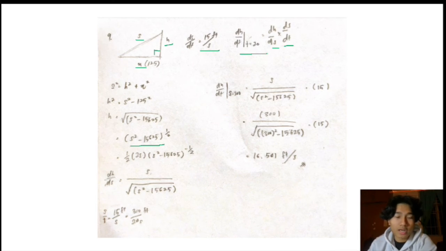Differentiating the right hand side, we got 1 over 2 times 2s times s squared minus 15,625 to the power of negative 1 over 2. So this is our dh over ds.